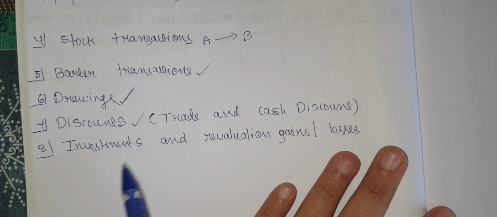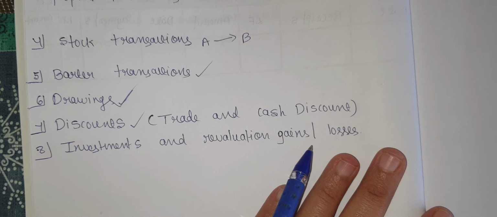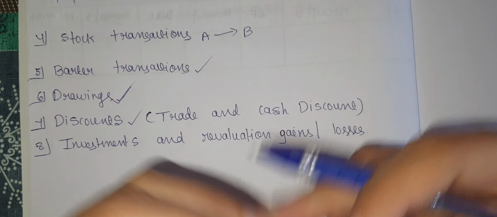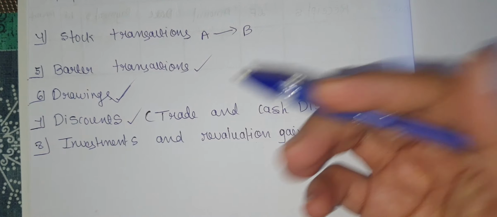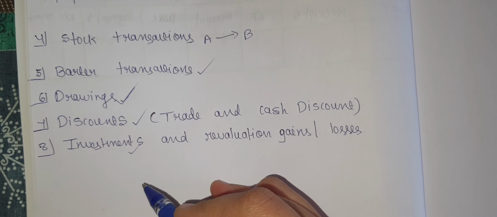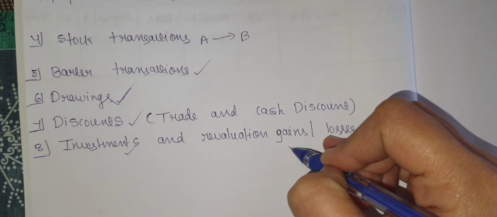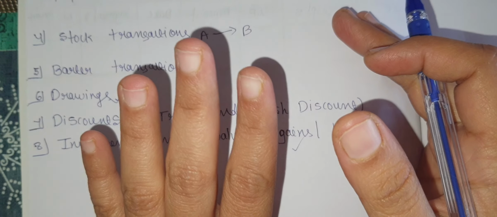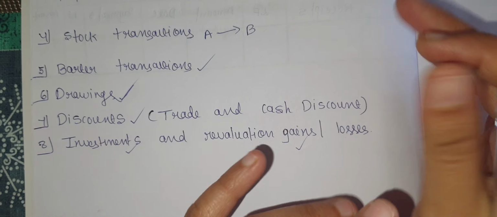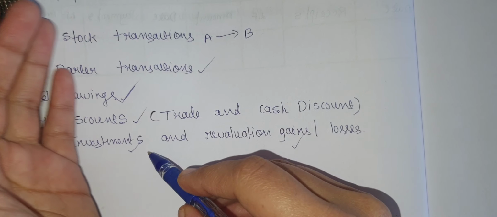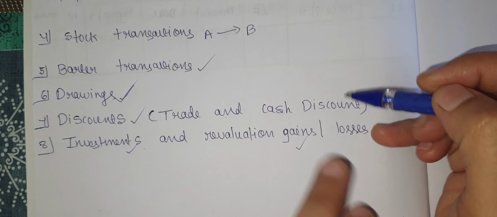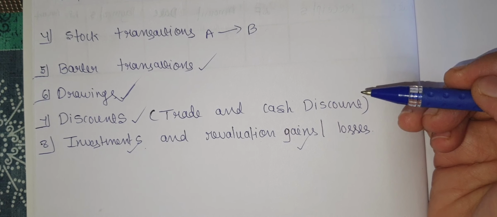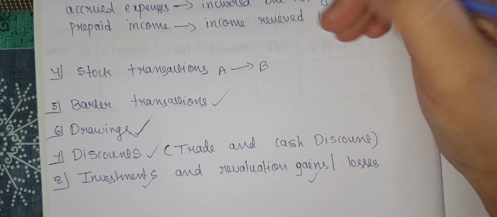And next one, investments and revaluation gain or losses. It means any changes in the value of investments or assets without cash inflow or outflow are excluded. So, these are very important.